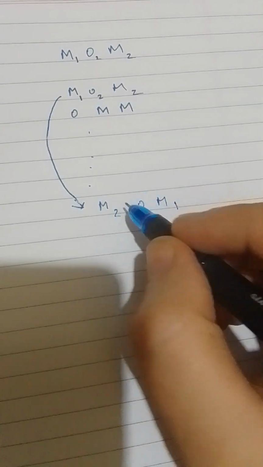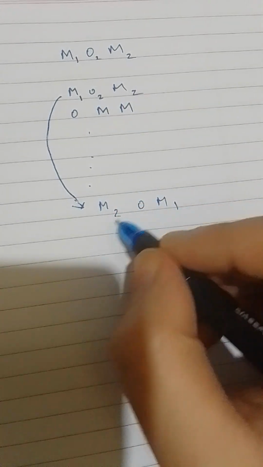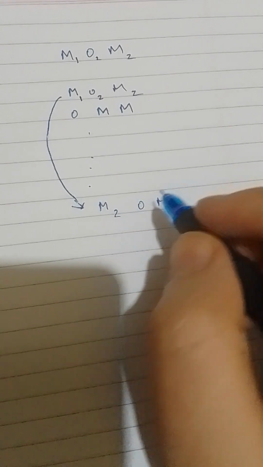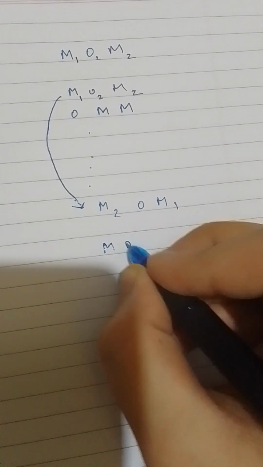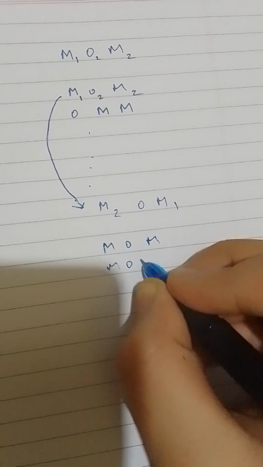But remember, we don't have these numbers written down. So when we are making our permutations, we would be counting MOM twice.